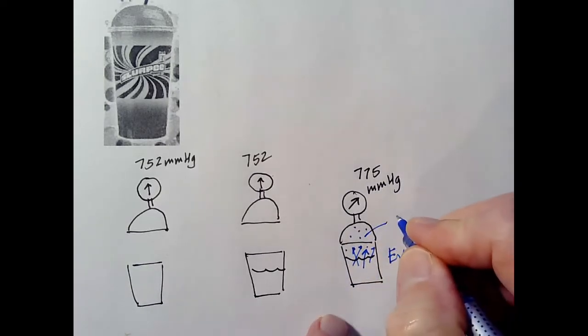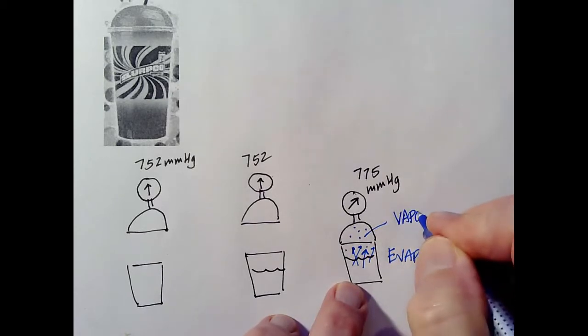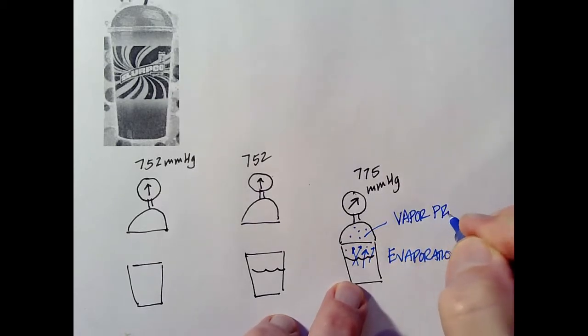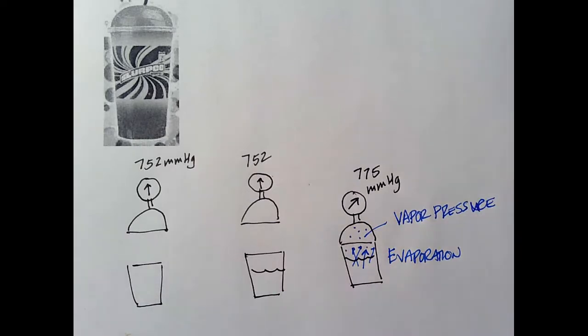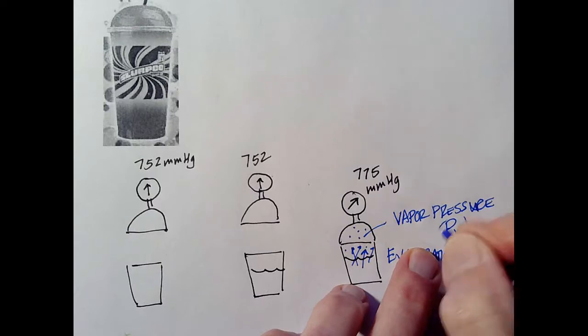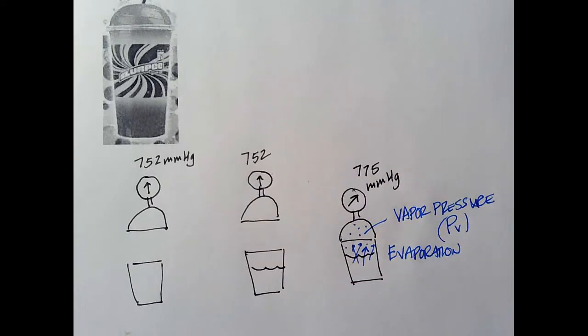And that gives me some vapor pressure. That's lousy handwriting, but you can see it. So vapor pressure, we usually say PV is vapor pressure. So there we go. Above any liquid, there's always some particles that are escaping, and it gives us vapor pressure.